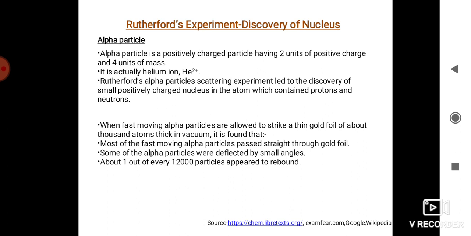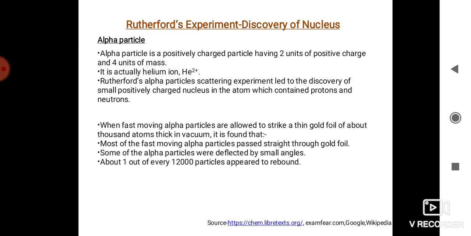So what did Rutherford do in his experiment? Rutherford took a thin gold foil and bombarded alpha particles on that gold foil.